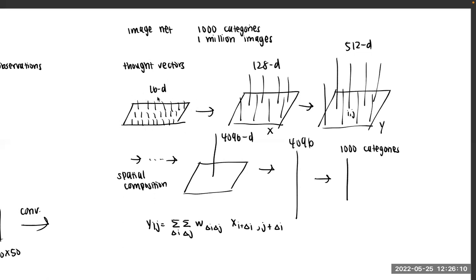So you throw away that nuisance information, irrelevant information, and only keep the most essential information for the final purpose, whatever it is. For example, in this case, it is to make classification. So in that sense, the vectors also become more and more abstract.